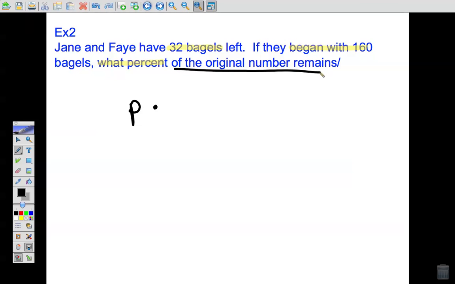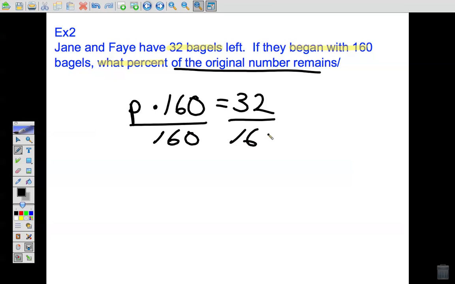So what percent of the original number gives us the 32 that remains? So let's see, they're multiplying by 160. We're going to divide by 160 to get our percent. So you're going to take 32 and divide it by 160.